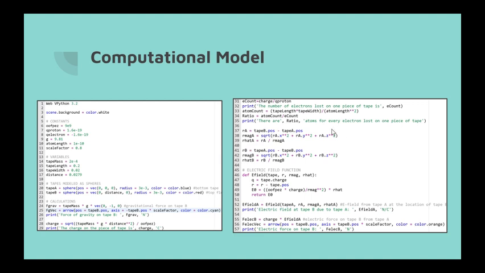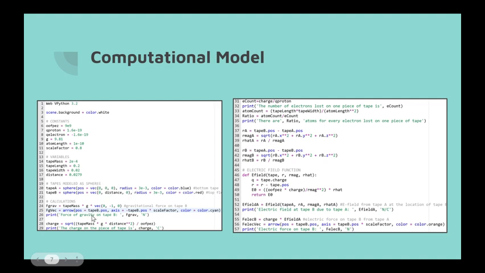So for the computational model part of this lab, a Python program was used in a software called Glowscript. And so the constants can be seen here, variables can be seen here, the lines of code used to visualize the pieces of tape can be seen here.